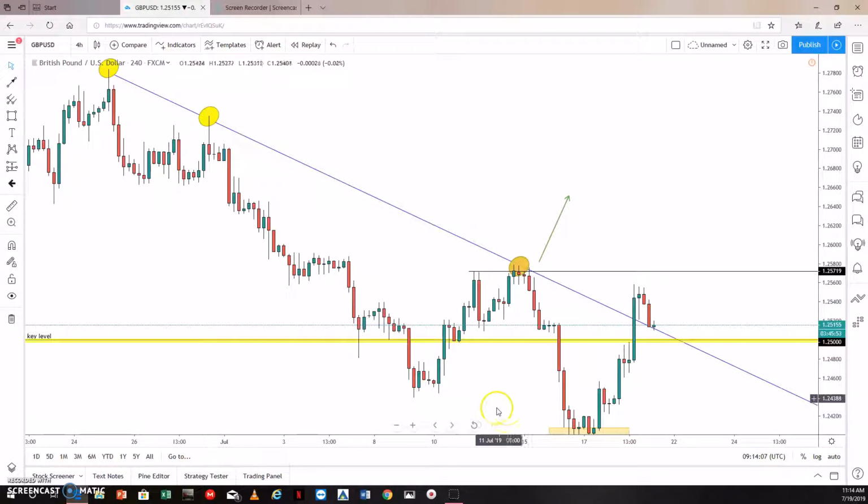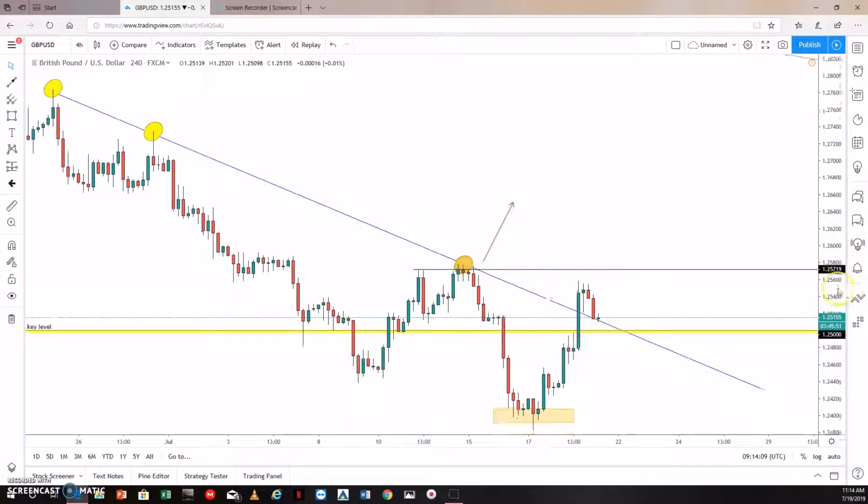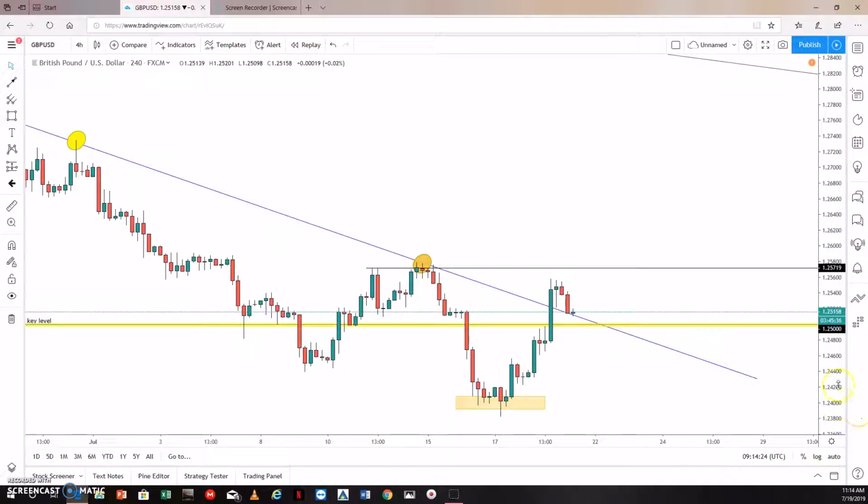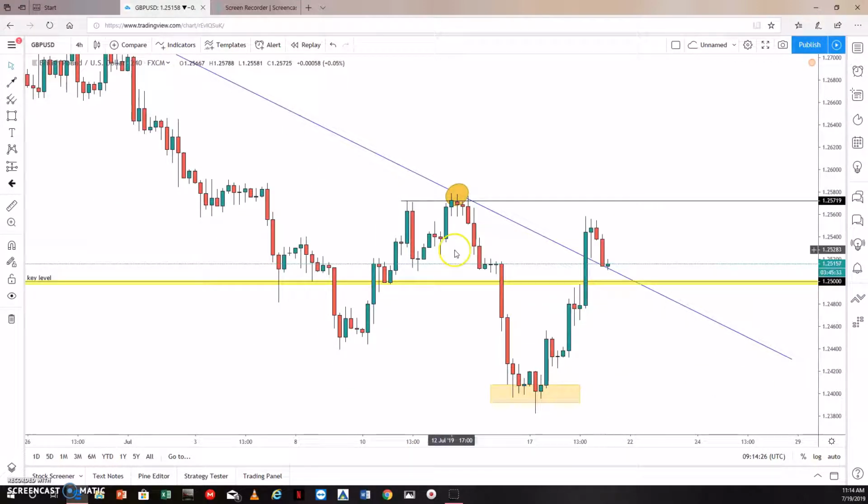Alright, so when I saw this sort of behavior at these areas, because we had so much price rejection there, we were due for a short setup. When the short setup happened, it was just right after market open.